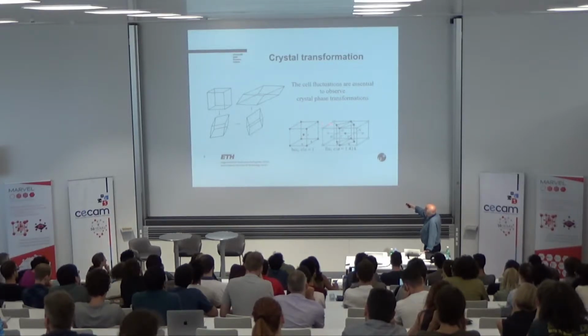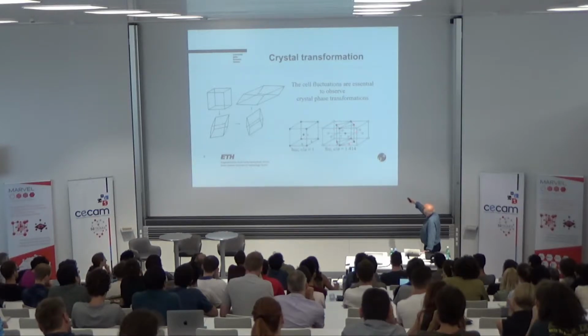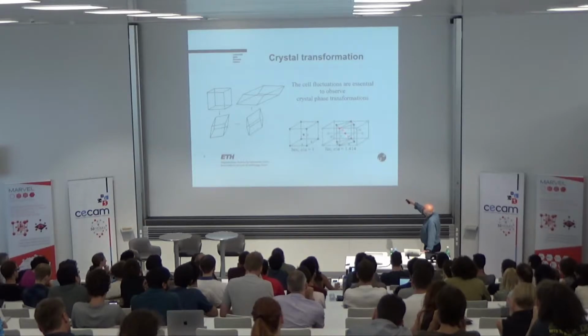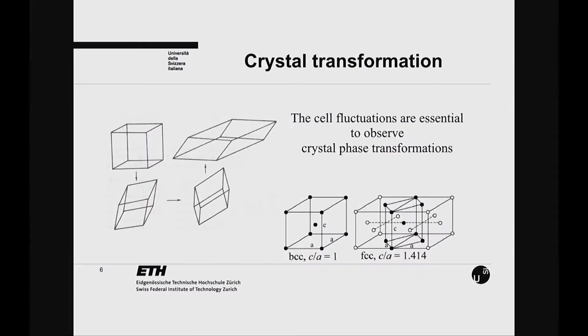If you put together two FCC, you can recognize at the center here there is a body-centered cell, which is not cubic, but if you compress it, you can go easily from one structure to the other.